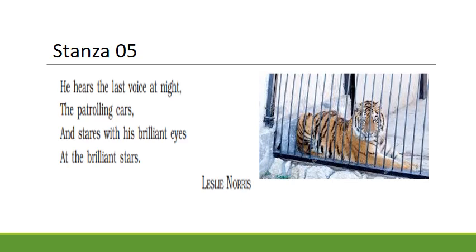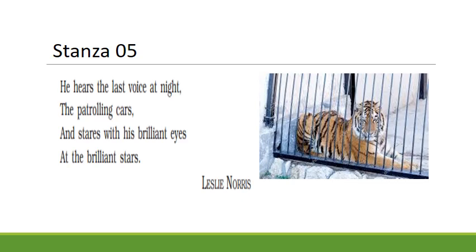He hears the last voice at night, the patrolling cars, and stares with his brilliant eyes at the brilliant stars. So, during the night, what happens? The last voice that the tiger hears is that of the patrolling cars, or the people moving inside the zoo, who keep moving up and down in the cars and checking that all the animals are inside and safe and sound.